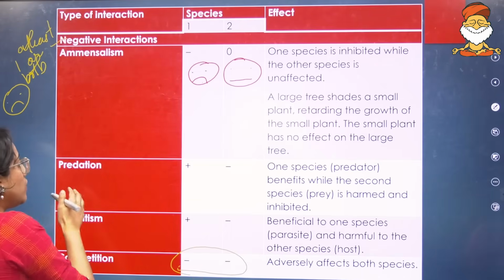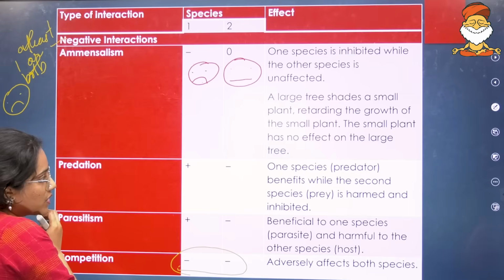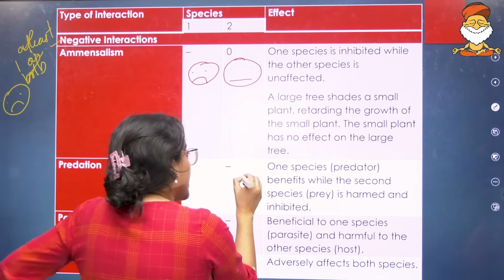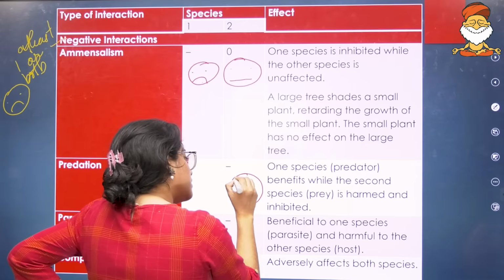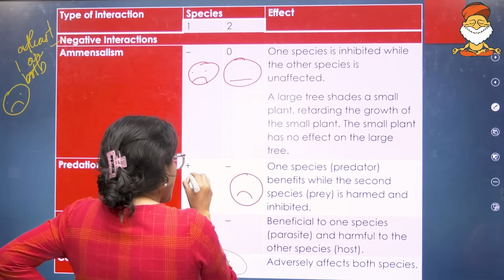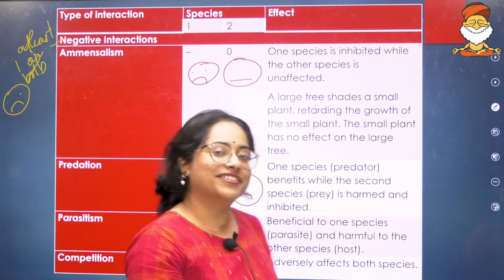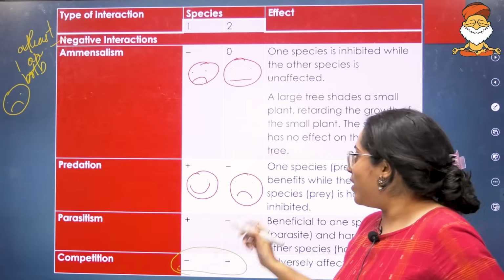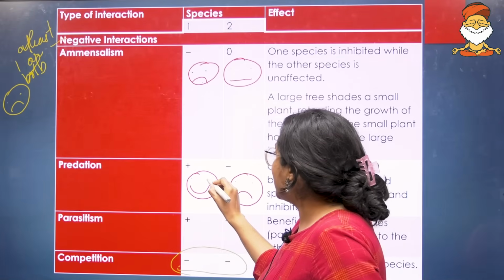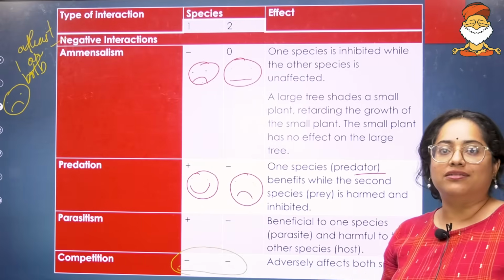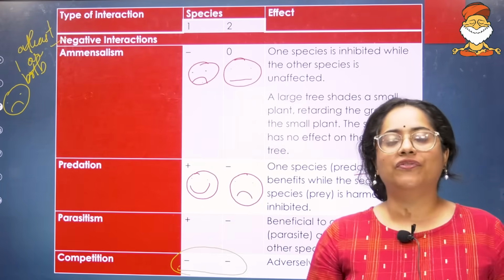Then it comes to another form of interaction. It's called predation. What happens in predation is, one species is negatively impacted and the other species is positively impacted. Which means what? Here you can see the predator. We would have heard the word in different contexts.